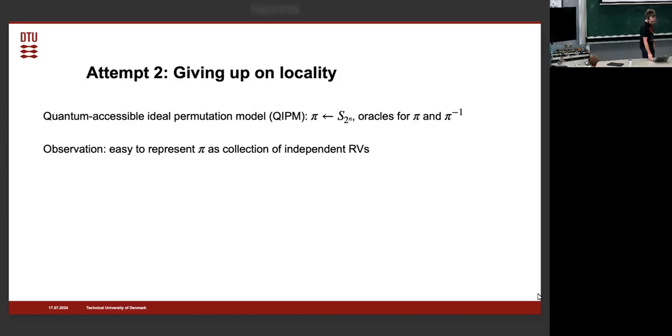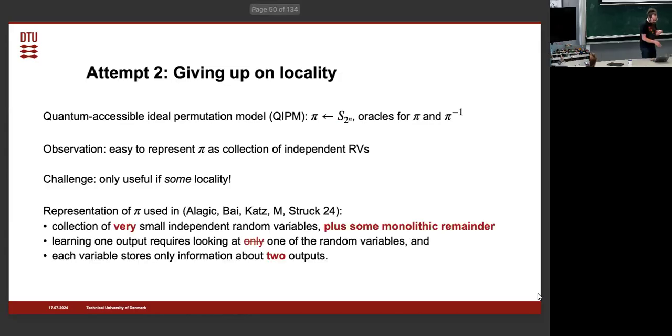I just said that, and it's only useful if there's some locality. And one result that did that was by collaborators and myself, where we did find a collection of very small independent random variables that also has nice locality.